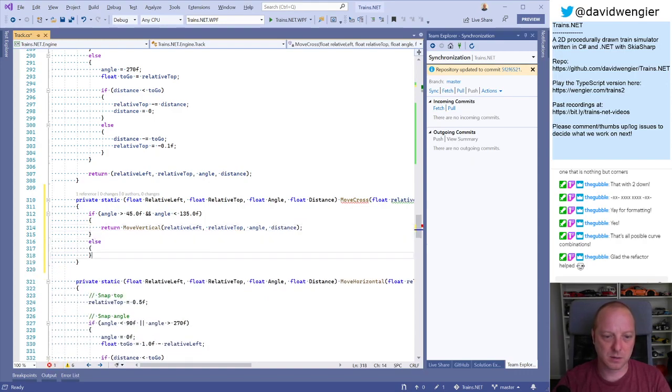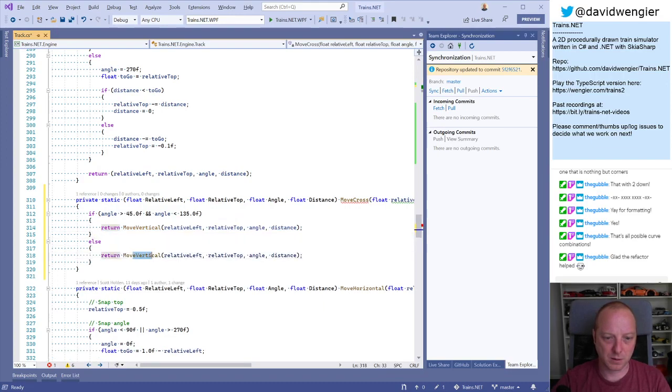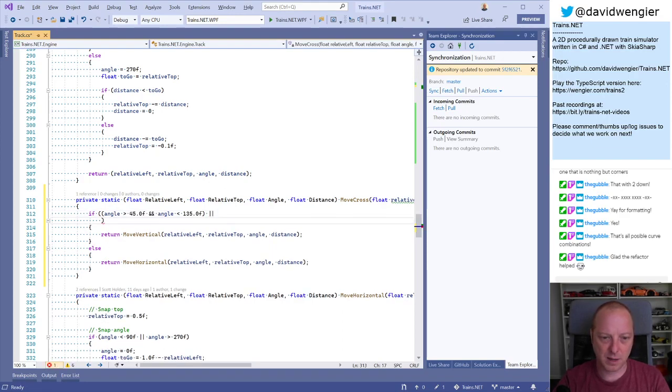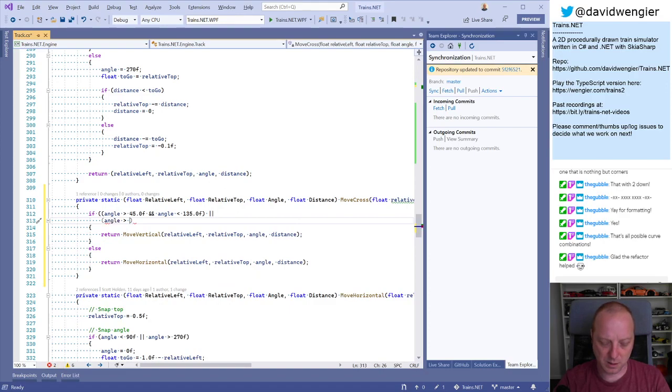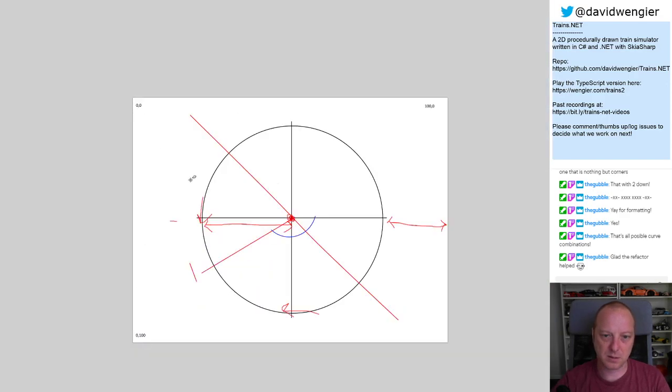And then otherwise, we're moving horizontally. And here we also need to allow for angles between 215 and 315.